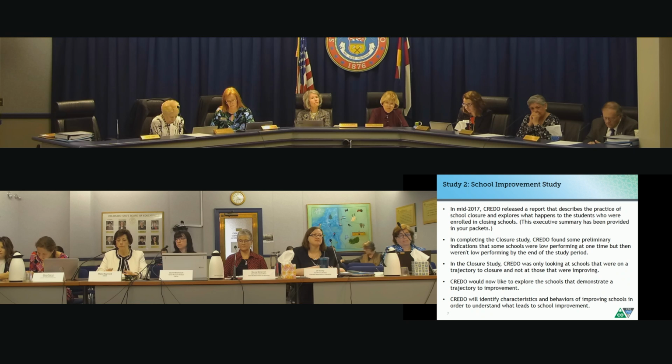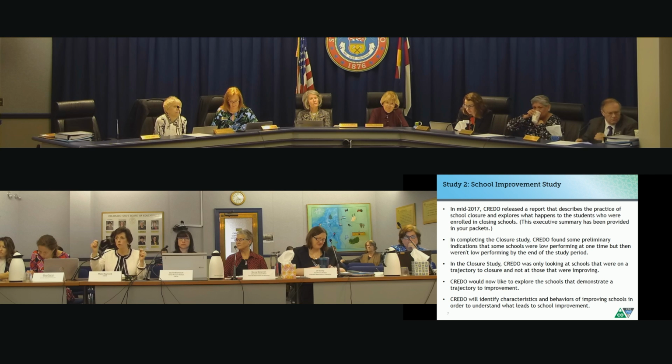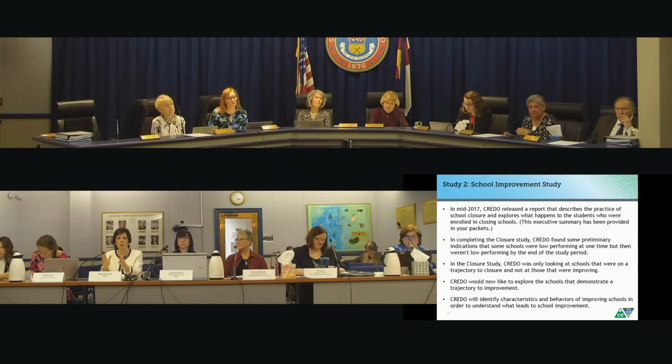Okay, so here's where I get a little nerdy, so excuse me if I get excited. When we were doing this work, we actually saw something crazy, which was that there were schools that kept disappearing. We would see them in the data, they were low performing, we'd look to the next period, they weren't there anymore. Wait a second. So we'd do it again. Nope, they're still not there. We thought we had a coding problem.